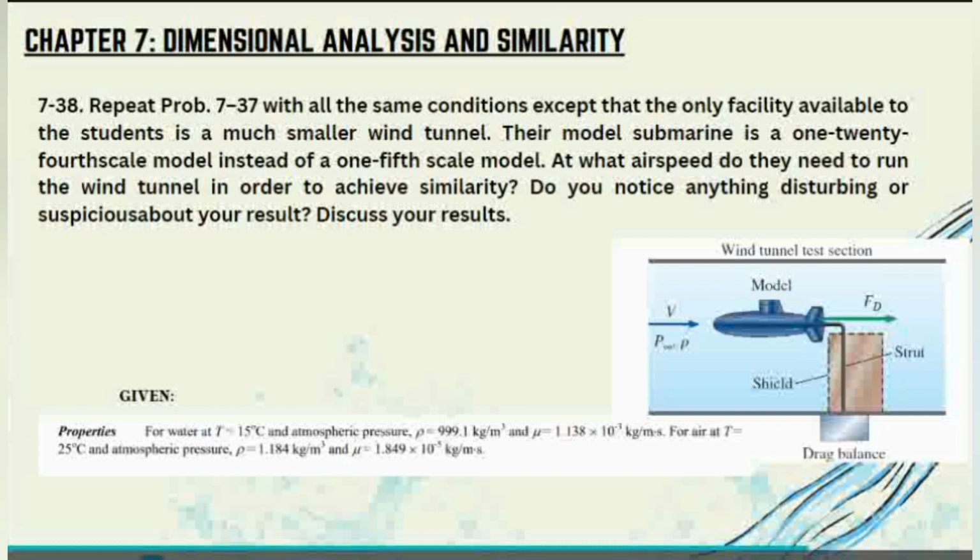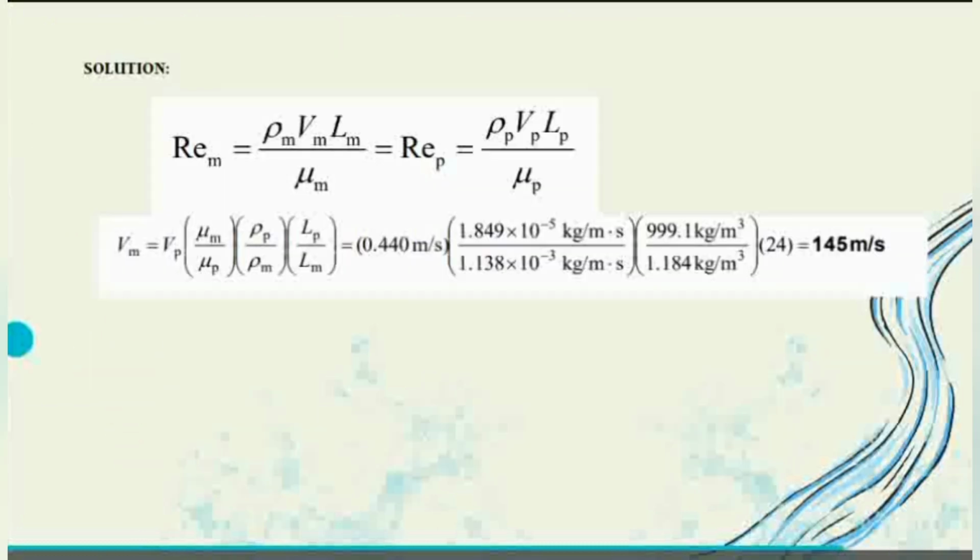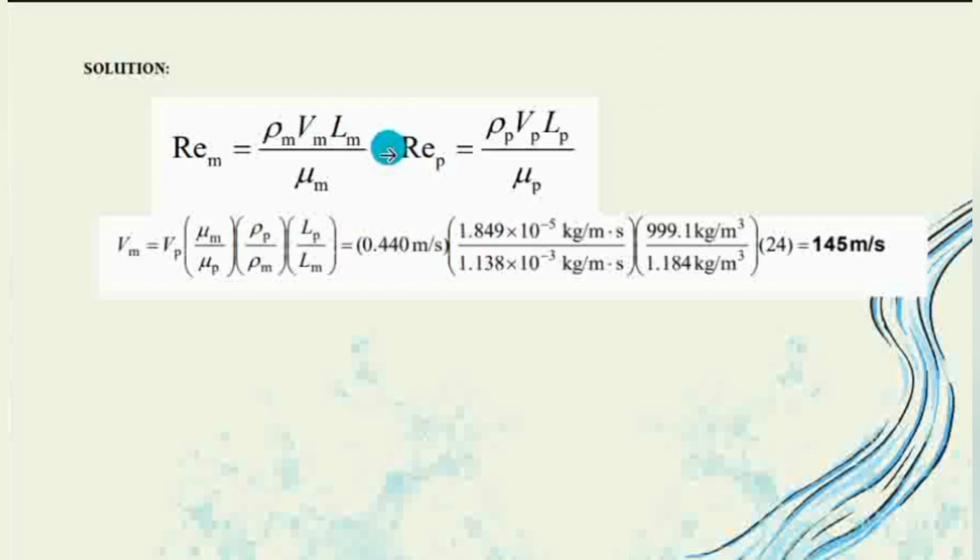So here our Reynolds number Re_m is equal to the density m times velocity m times length m all over mu m, which is equal to Re_p, equal to the density of p times the velocity of p times the length of p all over mu p.